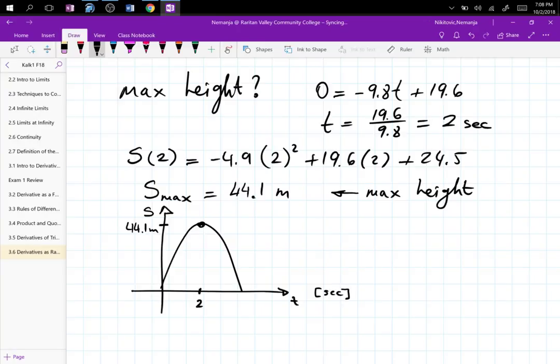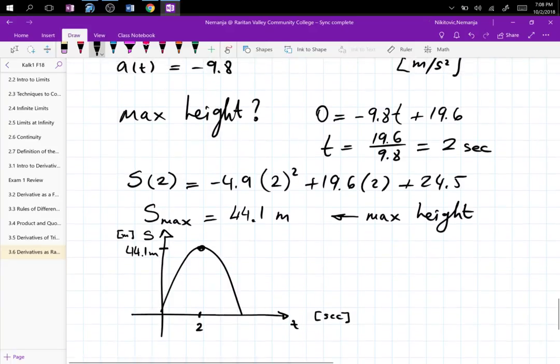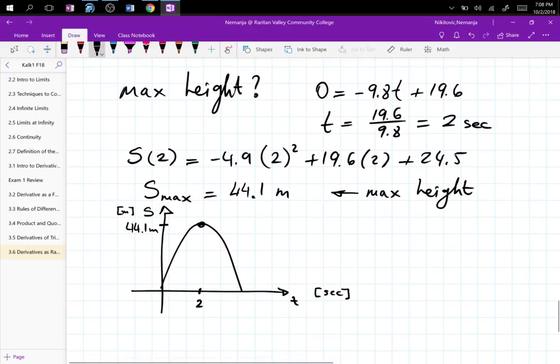And S is going to be in meters. So you can calculate all of these things if you're interested. Now we don't have to use only velocity, acceleration, and that kind of stuff. We can use this for other purposes as well.